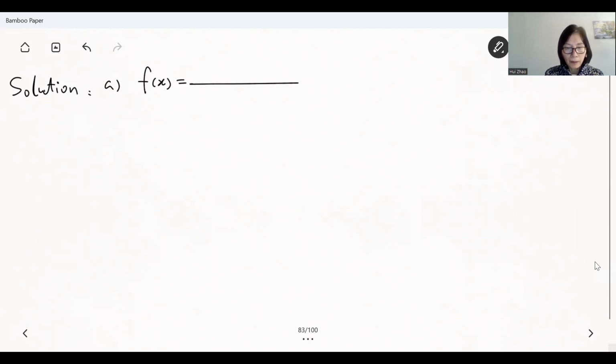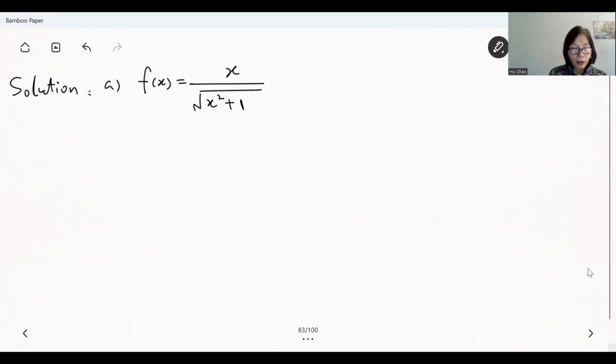Number A: f(x) equals x over the square root of x squared plus 1. At first, we find the domain. This is a rational function including a square root in the denominator, right?